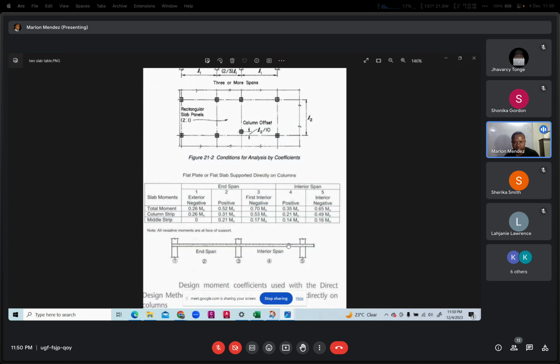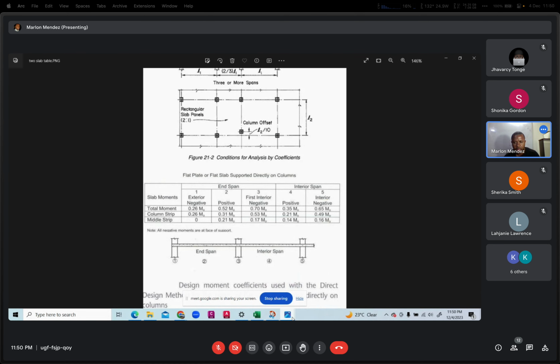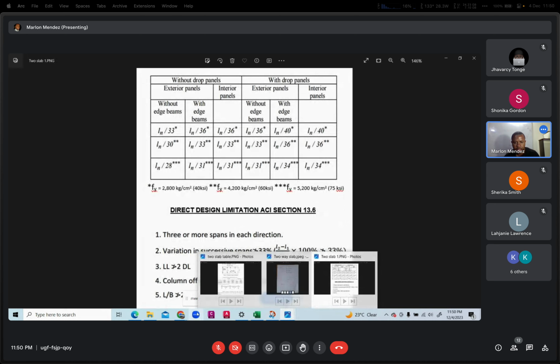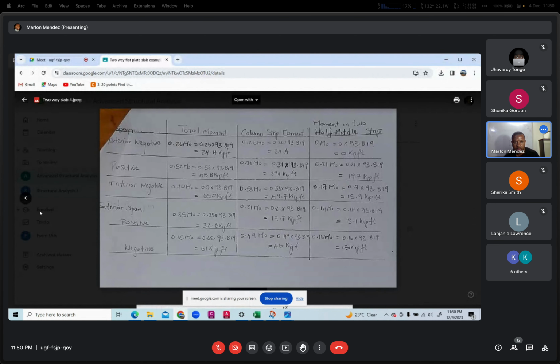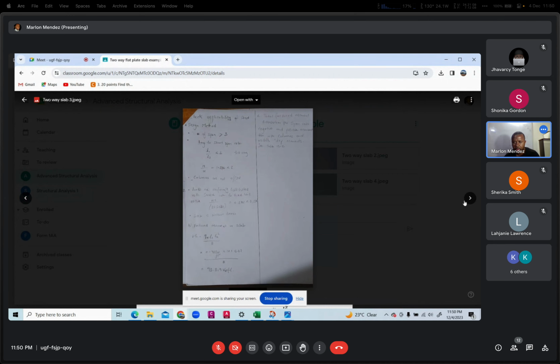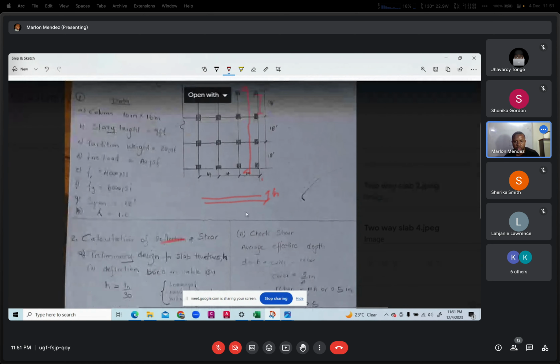So a positive, negative. But in this case, let me show you something. In this case, you have this, if you understand what I'm saying. So you have negative, positive, negative interior, positive interior, negative interior, and so on.